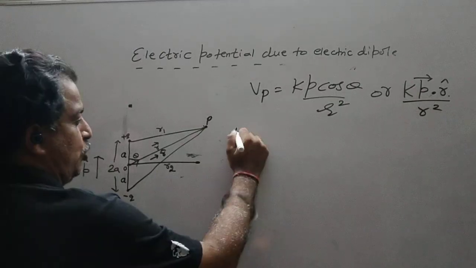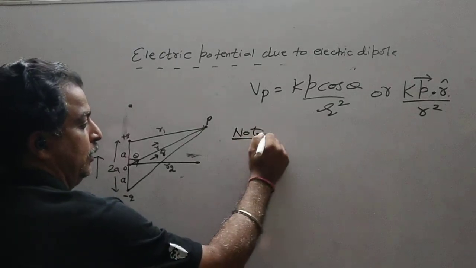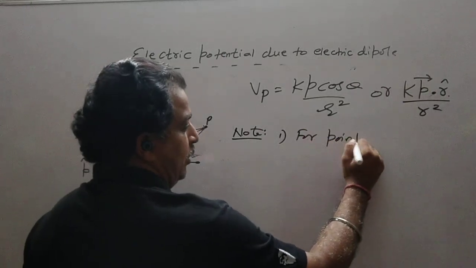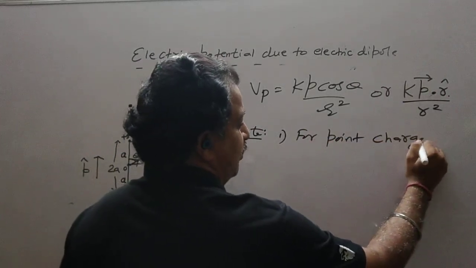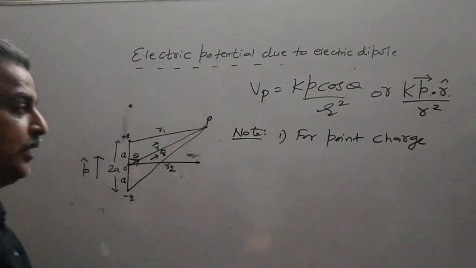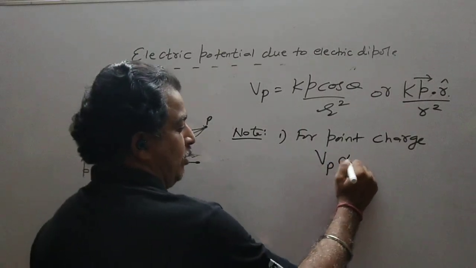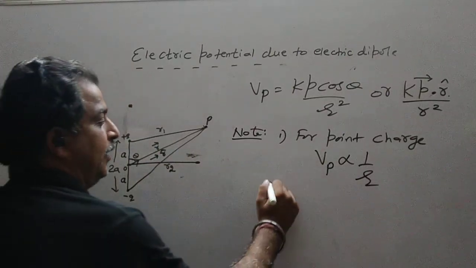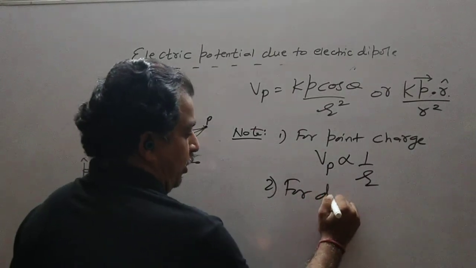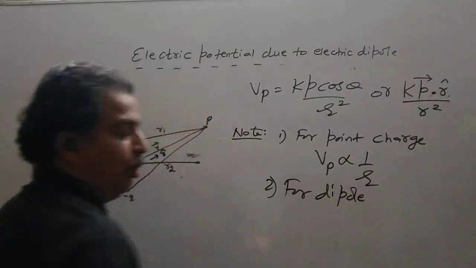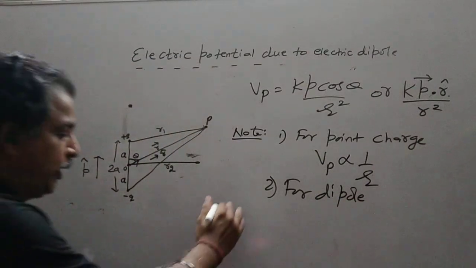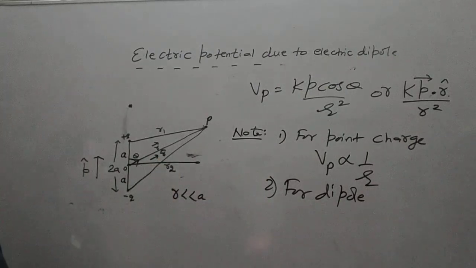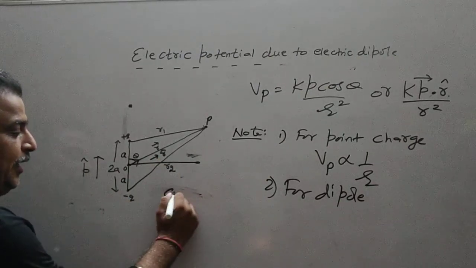Now see the difference. You have to remember this note. Number 1, for a point charge, where our source was a point charge, the potential was proportional to 1 upon r. And for a dipole, this is for a short dipole or point dipole, because we have taken certain assumptions, that a is much less than r.